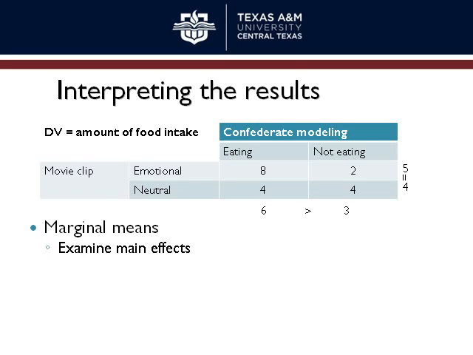There was not a main effect of movie clip. So if I'm interpreting these results, there wasn't a main effect of movie clip such that participants were equally likely to eat a similar amount when watching an emotional film versus when watching a neutral film.